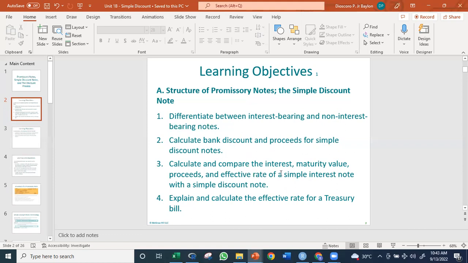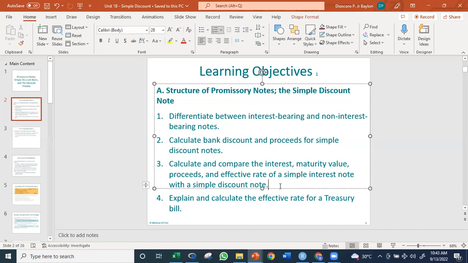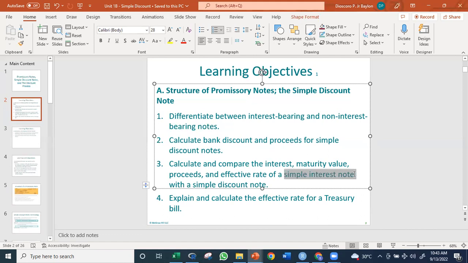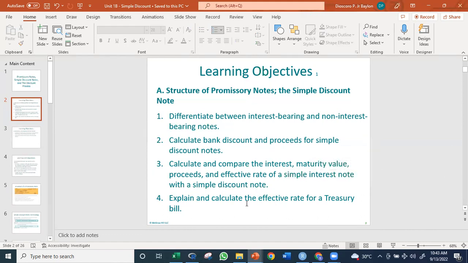Compare the interest, maturity value, proceeds, and the effective rate of simple interest notes with a simple discount note. We'll take a look at the difference between a simple interest note and a simple discount note, and explain and calculate the effective rate for a treasury bill.